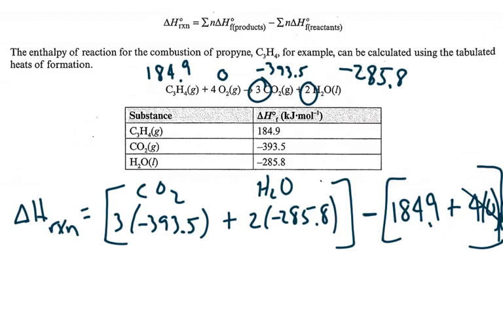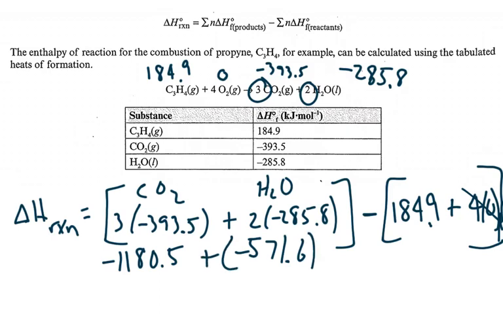Once you have that set up, then you're going to need your calculator. Negative 393.5 times 3 is negative 1180.5. And then you have to multiply the other number, 2 times negative 285.8, and that's going to give you negative 571.6.